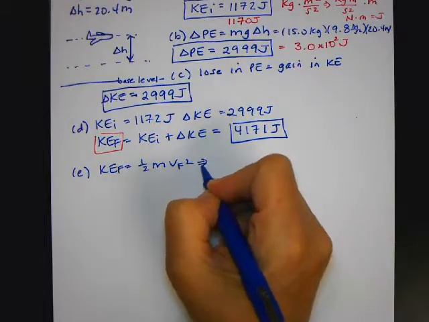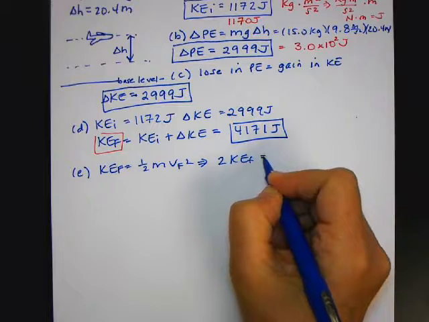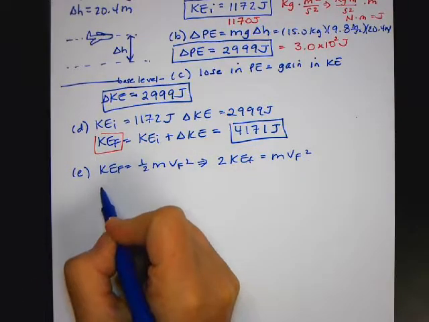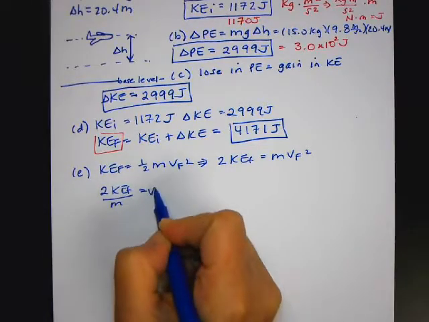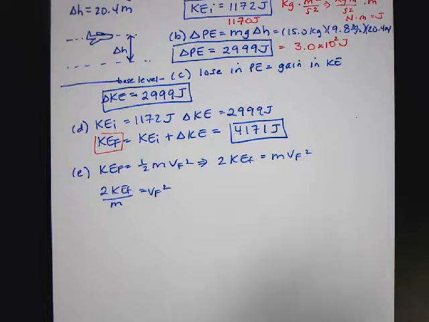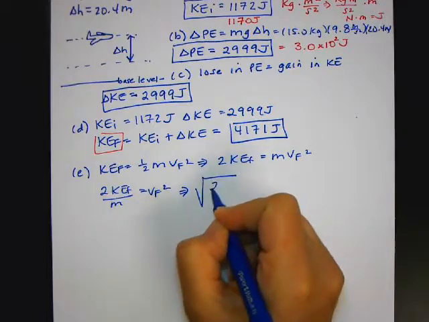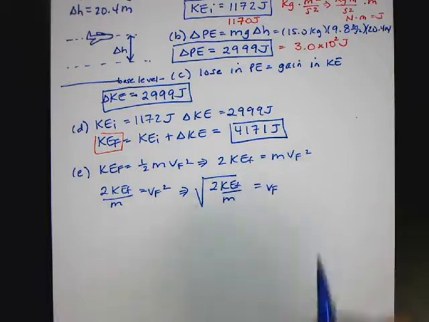So I'll multiply both sides by 2. I'll divide both sides by m. And then I'll take the square root of both sides. Do I have to do this many intermediate algebra steps? No. You do what's best for you. So radical 2KEf over m is equal to vf.